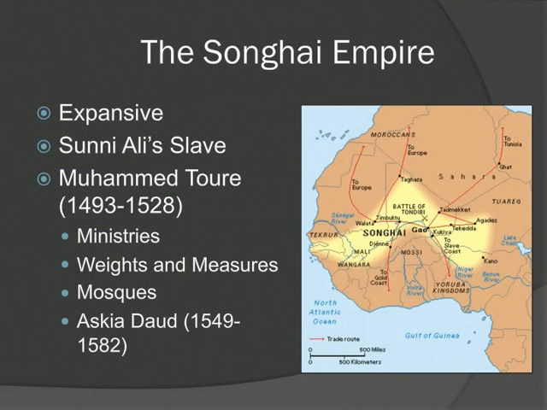He established huge plantations that were very much like the plantations that we would think of coming from South America or the South. He created a system of weights and measures, and basically what that is, instead of using bartering for everything, he created the idea that this much gold is worth this much money, and that's what you're going to pay with.